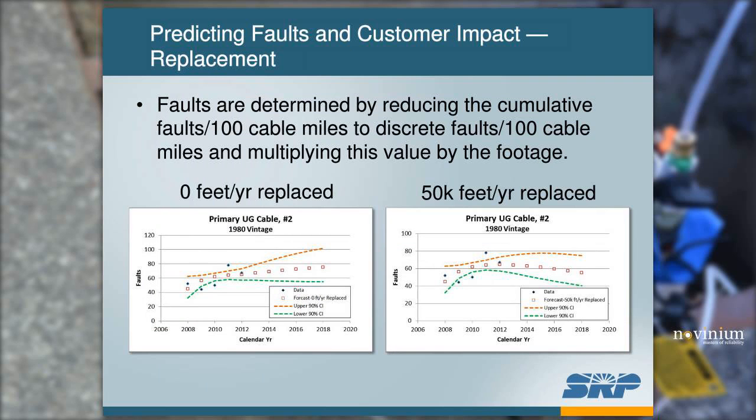The one on the left, we're going to replace 0 feet per year versus the one on the right, 50,000 feet per year. You can see the data with the blue diamonds, the model fit with the maroon squares, and then we have some confidence limits on there at 90%. And you can see the effect of replacing 50,000 feet a year. You can see how the faults end up trending downward over the next 6 years.